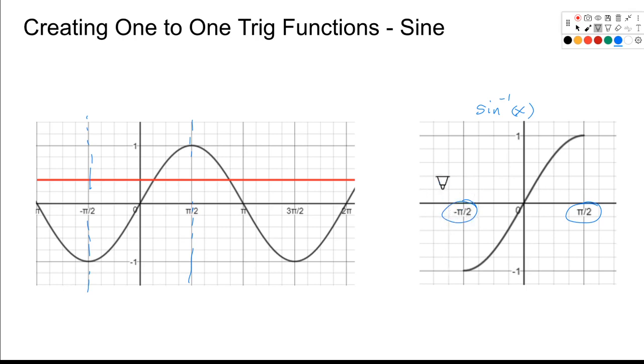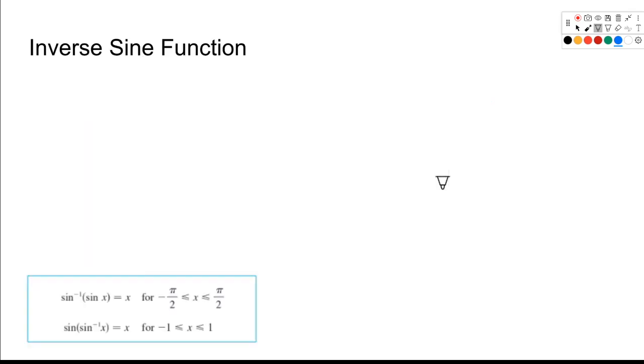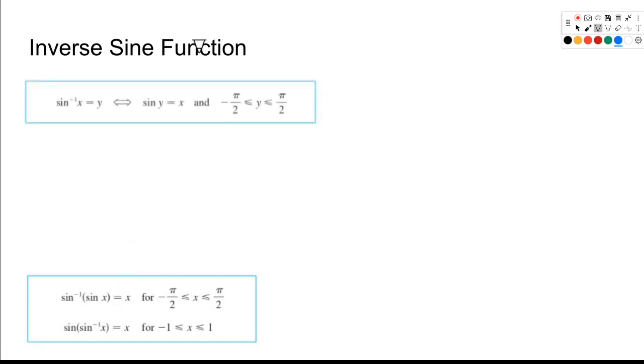So that's the main thing. You should have hopefully picked this up in your trig class. So what is the inverse sine? The inverse sine is a function that, when we take it, gives us back the angle. Whatever the sine of an angle is, that equals x.